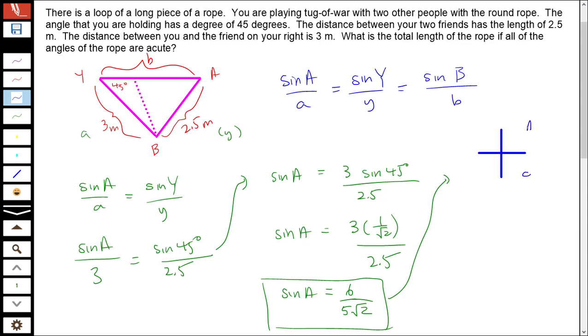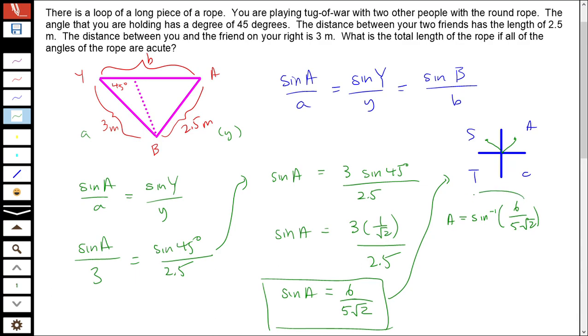So we're going to have CAST, and we know that this is a sine ratio with a positive ratio. So I'm going to have my 2 terminal arms, one in the A quadrant and the other in the S quadrant. Now, when I put this in the calculator by doing A is going to be sine inverse of 6 over 5 root 2.